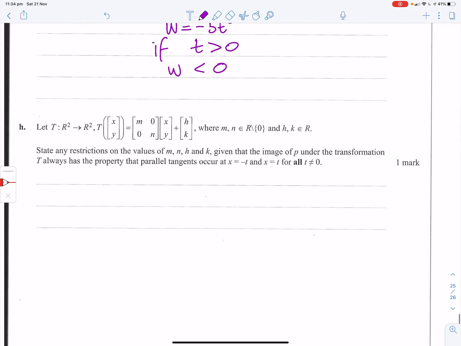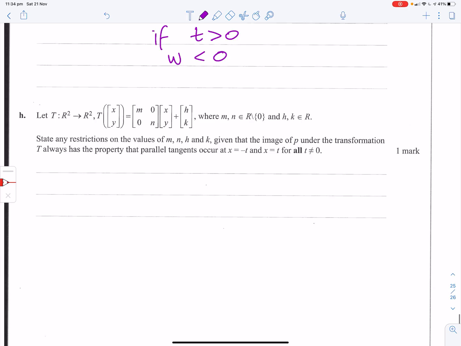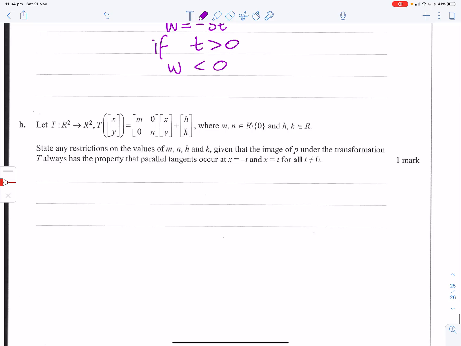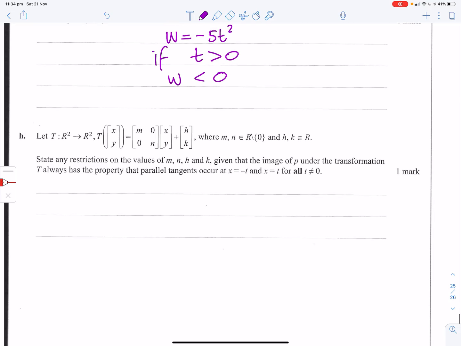State any restrictions on the value of m, n, h, and k, given that the value of p under the transformation t always has the property that parallel tangents occur at x of negative t and x of t for all t doesn't equal 0.